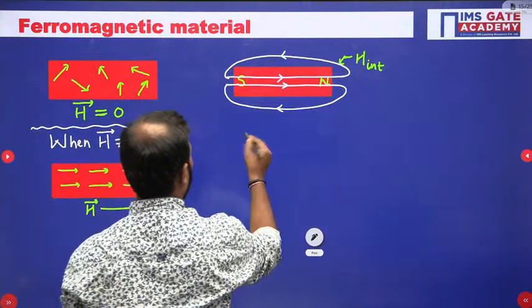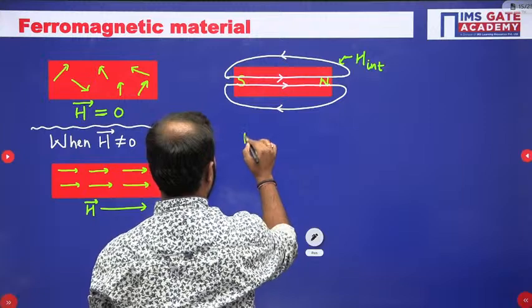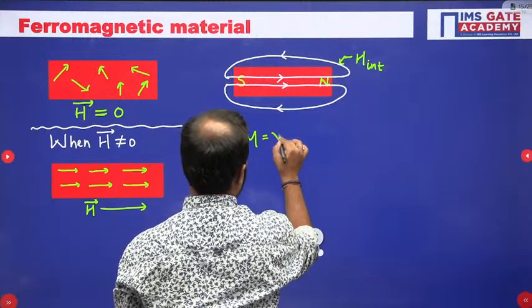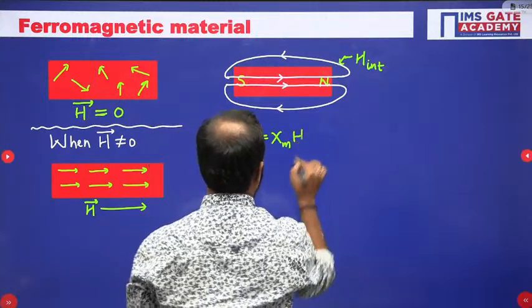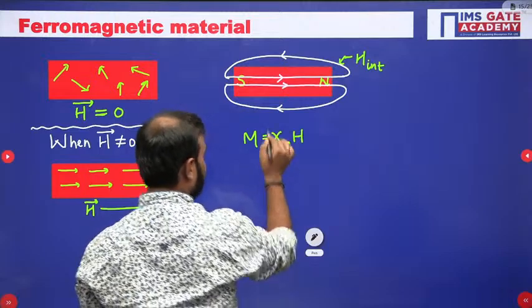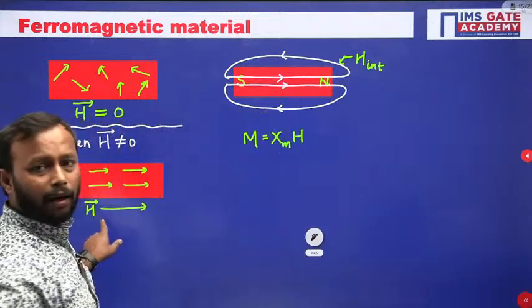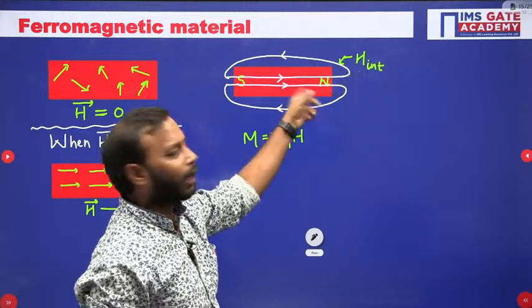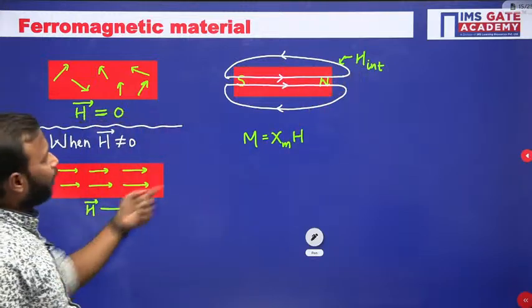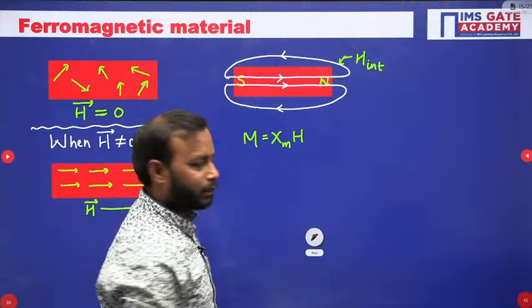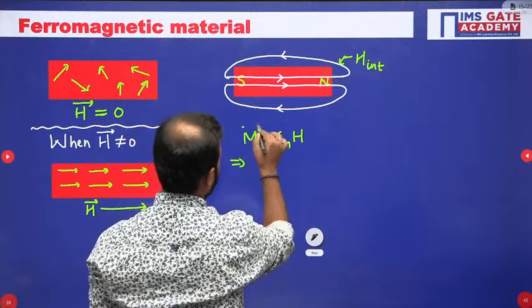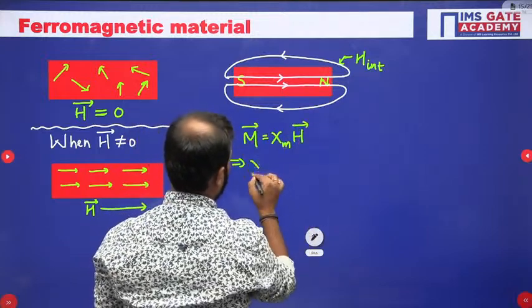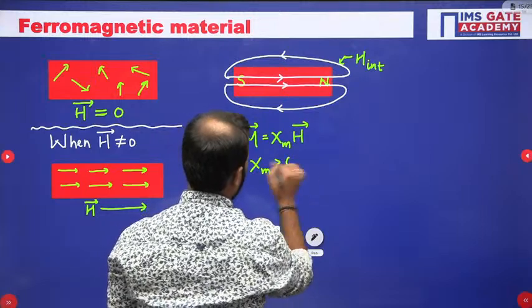Okay, now come to that property M, which is equal to chi m into H. And what is the direction of H external and H internal? Both are the same, right? External and internal, what is the direction? Same. So therefore, chi m is greater than 0.